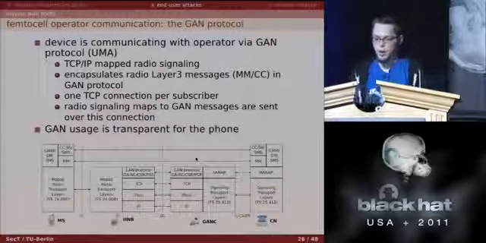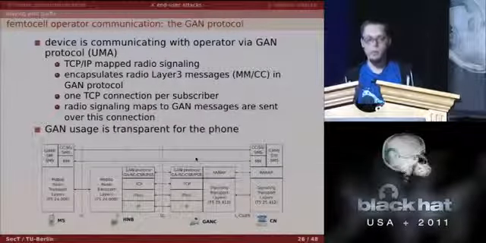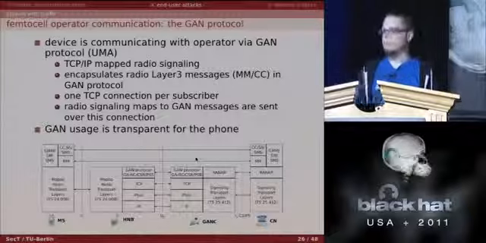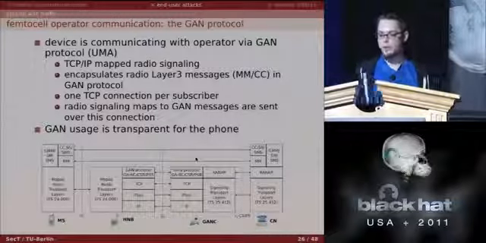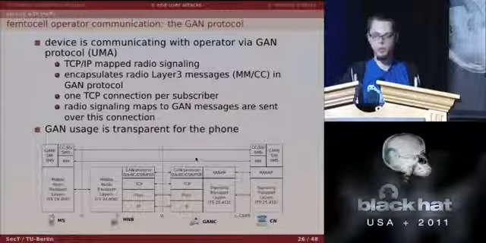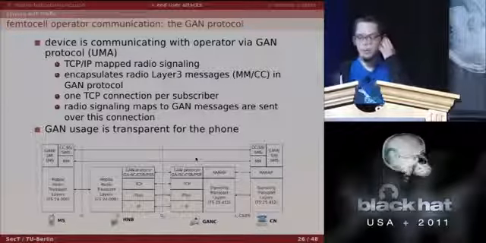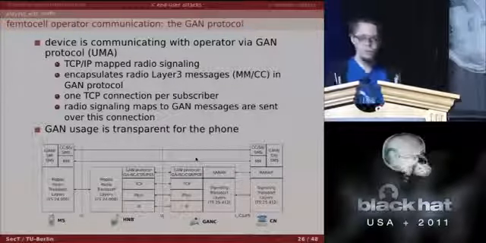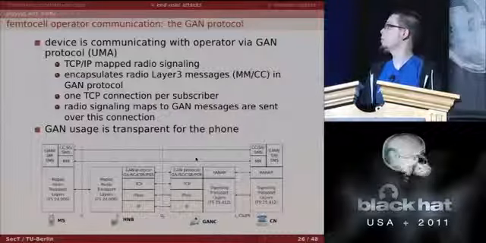So how does signaling traffic work with the Femtocell? For that, operators developed a protocol called the GAN protocol, which stands for Generic Access Network protocol, also sometimes known as UMA, Universal Mobile Access.